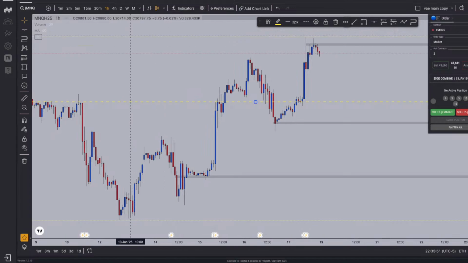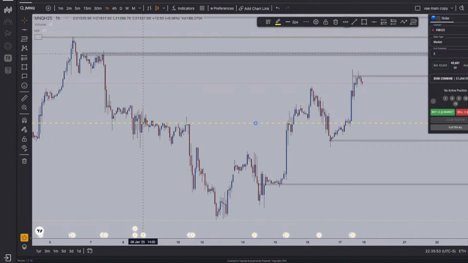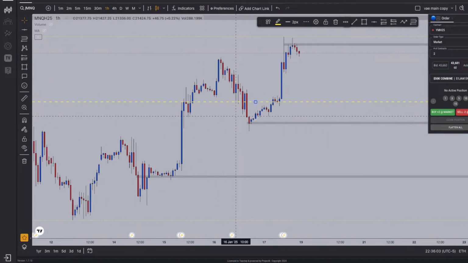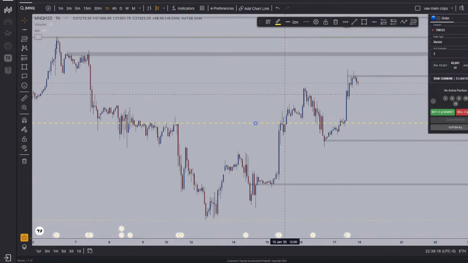So always pay attention to that as you're going down to your hour and 30 minutes, even your 15 sometimes. You look at areas like this where the market has played around, because these are potential target areas to watch out for after you enter from these key zones. See what I'm saying?